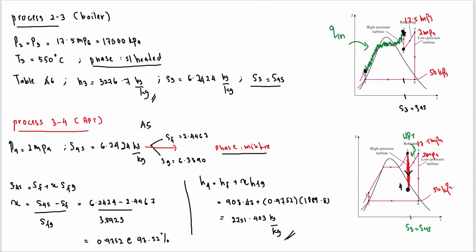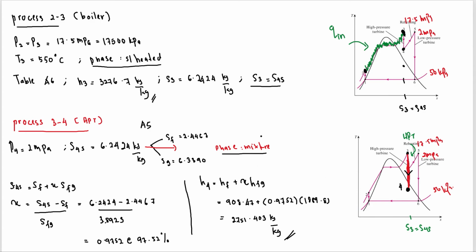So I drag state 4 into the dome because state 4 is in mixture. Everything in mixture, we have to put in the dome.